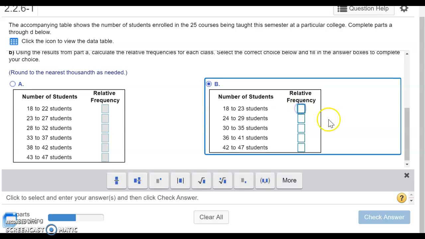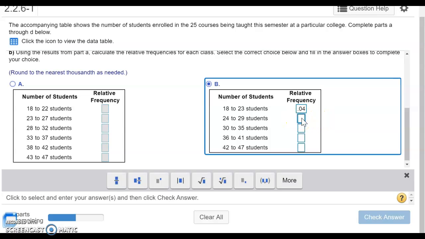To get that, let me get my calculator. For this, the first class had 1 out of 25, and that would be 0.04.